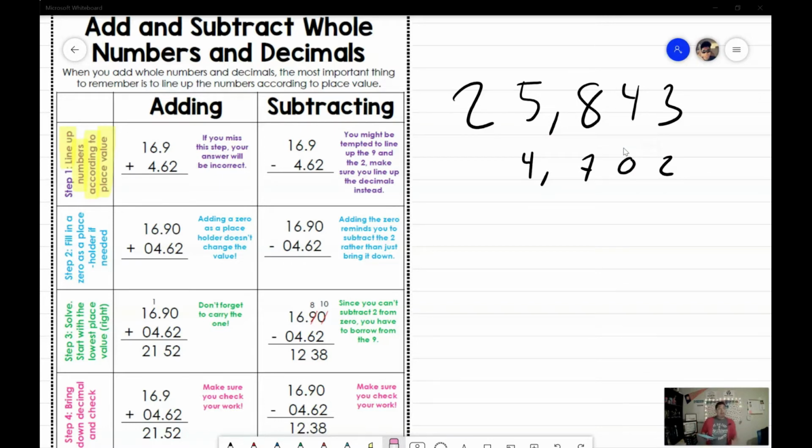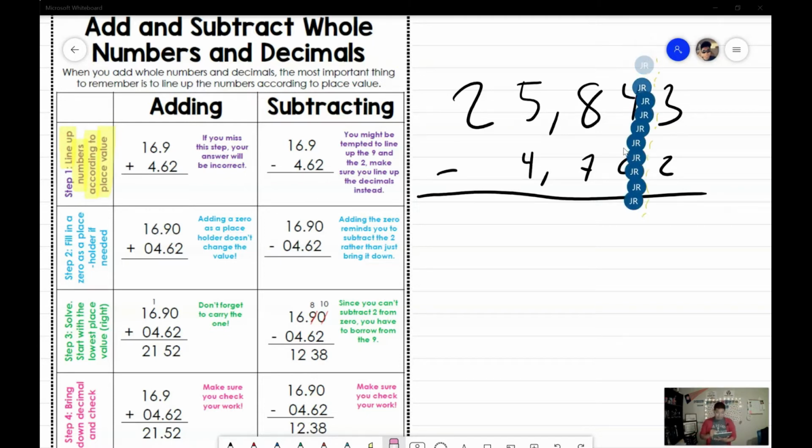So I'm gonna subtract 25,843 minus 4,702, okay? So step 1 says line up everything according to its place value. That's what we're gonna do, okay? So let's see if I did that, okay?